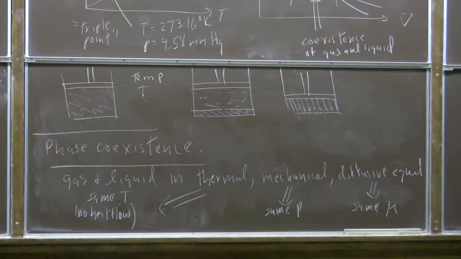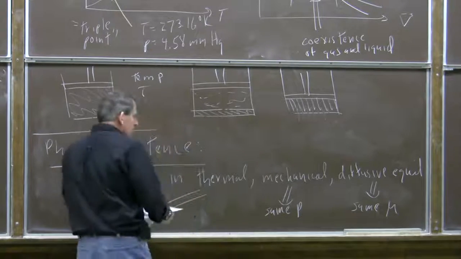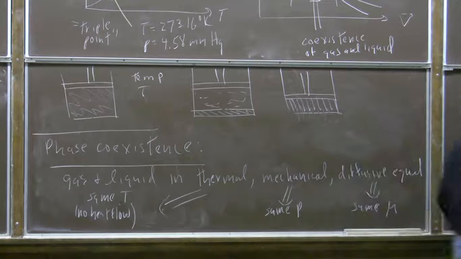So when we have phase coexistence, you can think of the chemical potential as a function of temperature and pressure because both phases have the same temperature and pressure, and the chemical potentials match. So there is a condition for coexistence of two phases coming from that requirement of diffusive equilibrium.